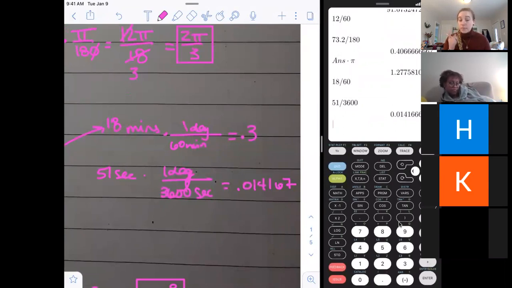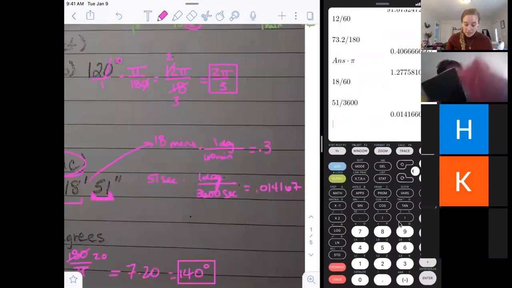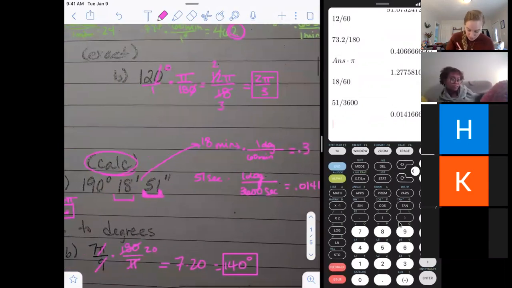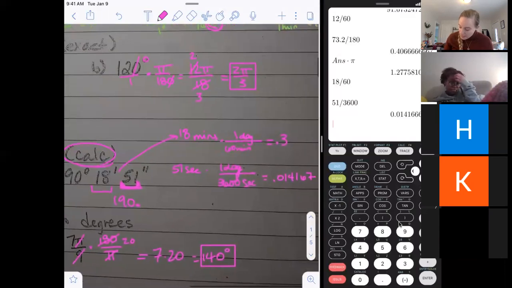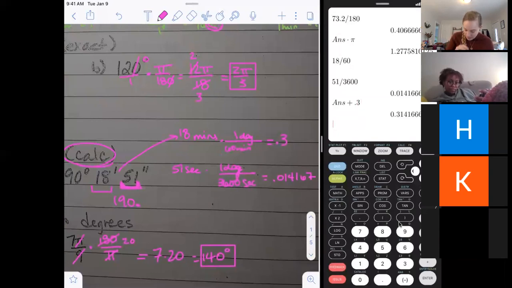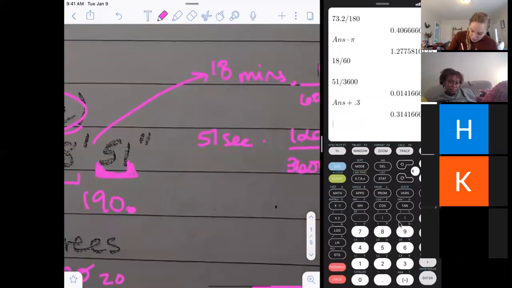The whole reason we found both of those is now we need to add them together to attach with my degree. So I've got 190 point. I'm going to do my decimal 0.0141. It's still in my calculator, and I'm just going to add 0.3 to that. So it's 190.3142 if I round it correctly.